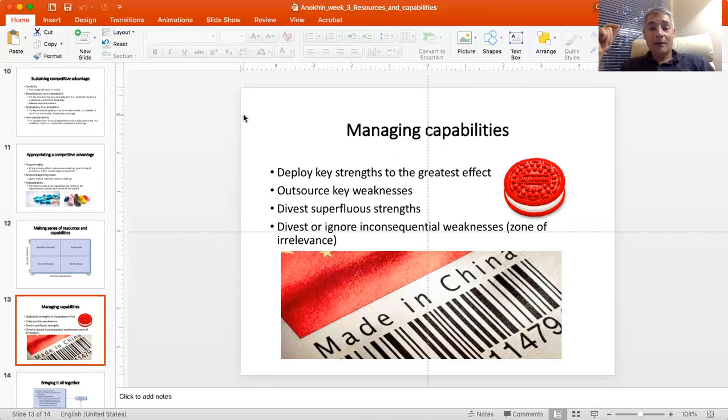So if you have a resource or a capability that you can deploy in multiple ways, then you definitely should be doing that. And so back to the example that I mentioned in the beginning of the session, Remington and Olivetti. Those two companies, you've probably heard of Remington. You probably have not heard of Olivetti necessarily.